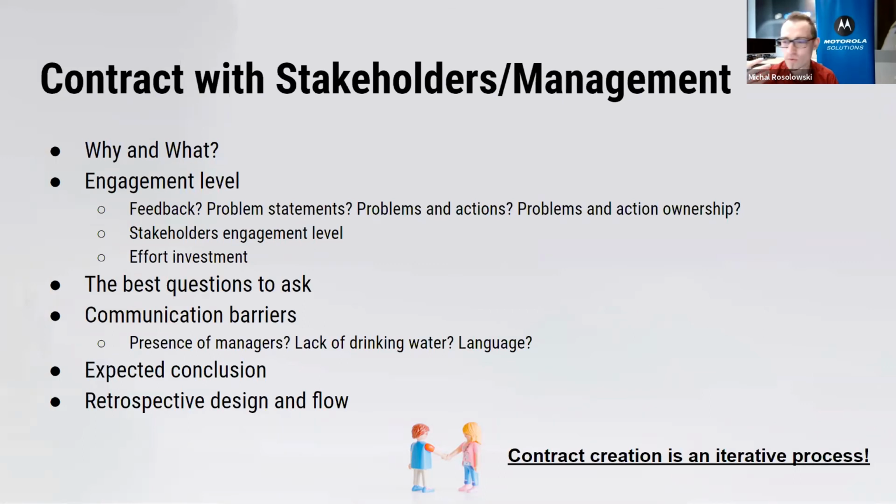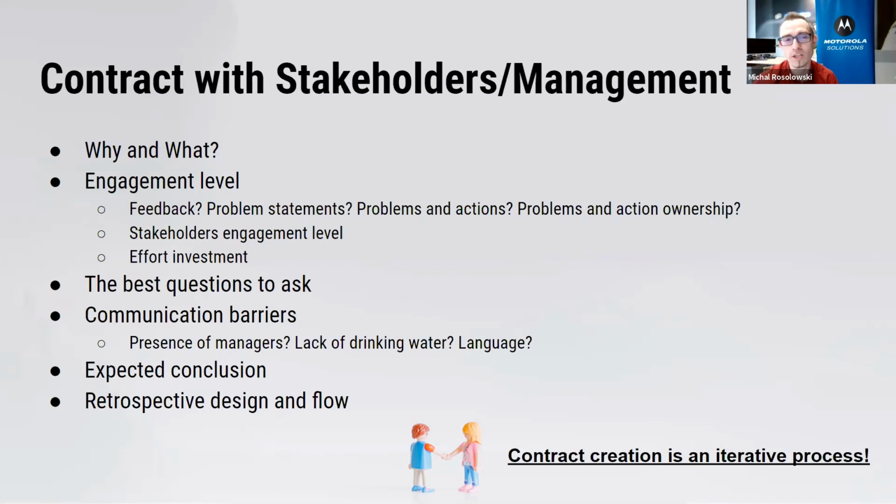Are we just asking them for feedback, like they will tell what's right, what's wrong, and they will go? Or maybe we want to ask the people in the retrospective for more formal problem statements, a more formal way of phrasing a problem. Or maybe we want to ask the people not only for problems, but also for actions.